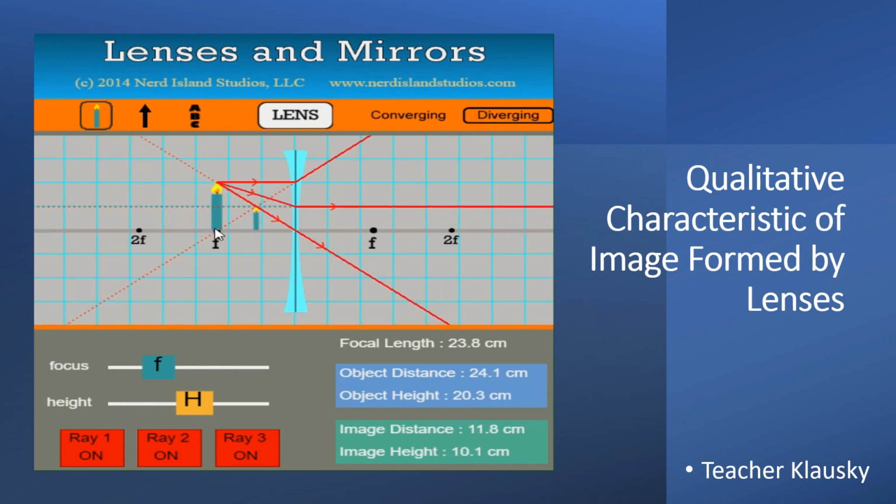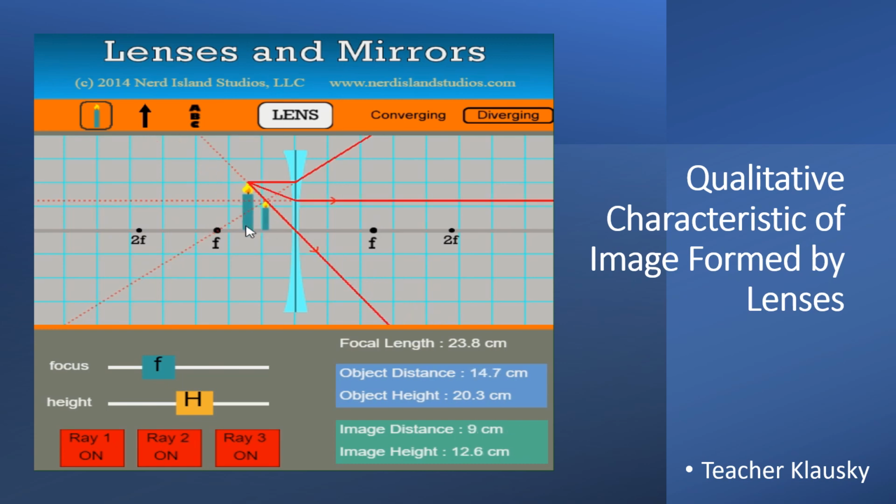If it is at the focal point, still the same. There is an image formed in the divergent lens, smaller than the object, upright, and virtual. Same with between F and the vertex. The image is still smaller than the object, upright, and virtual.